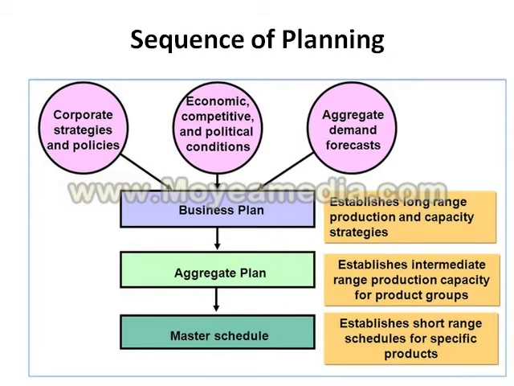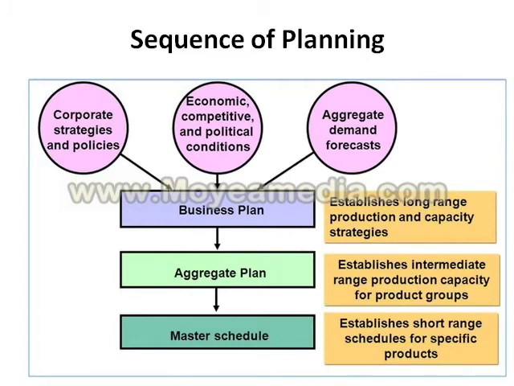That is actually a long range production and capacity planning, which decides what type of layout you need to have, what type of production strategy you need, whether you need to go for job order, continuous or batch type production, where you need to locate your plant facility, and what material handling things you need to have. All those will be briefly depicted in your business plan, because that deals with the capacity strategies, and the facility location itself.